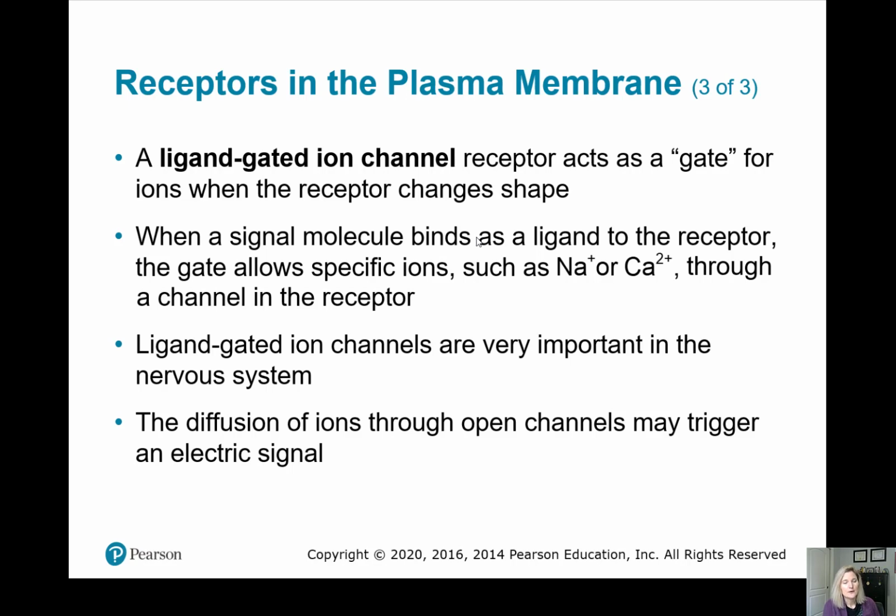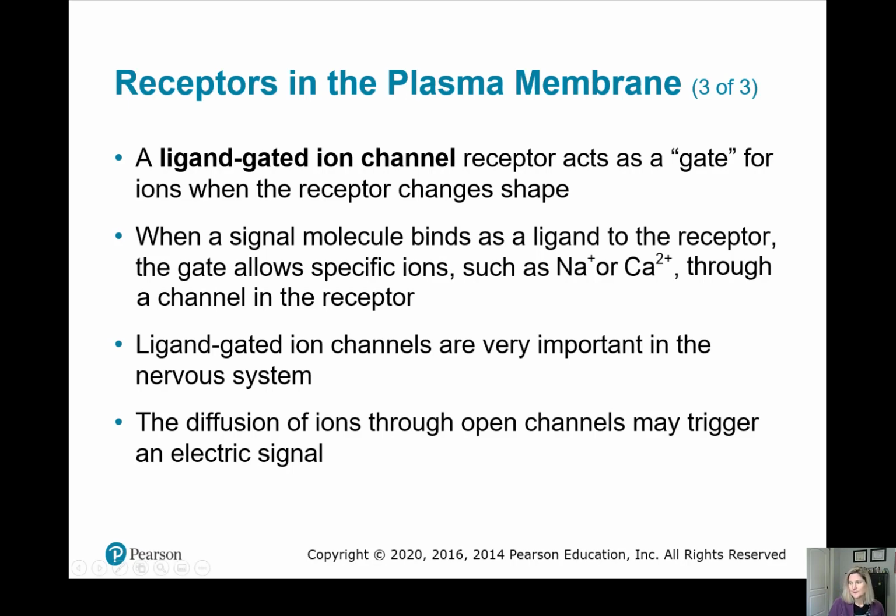Those are very important with the nervous system. We talked about the sodium potassium pumps, so those are ligand-gated ion channels. Once a certain ligand attaches, it's going to allow that ion channel to open up and allow certain things to diffuse through. And that can trigger an electric signal.